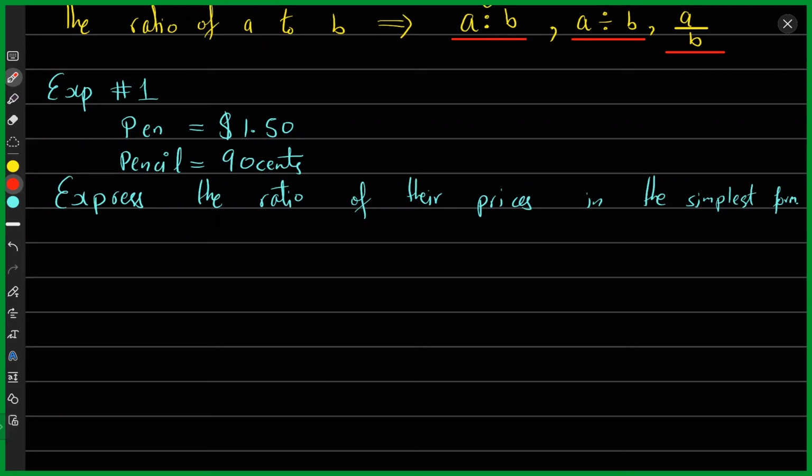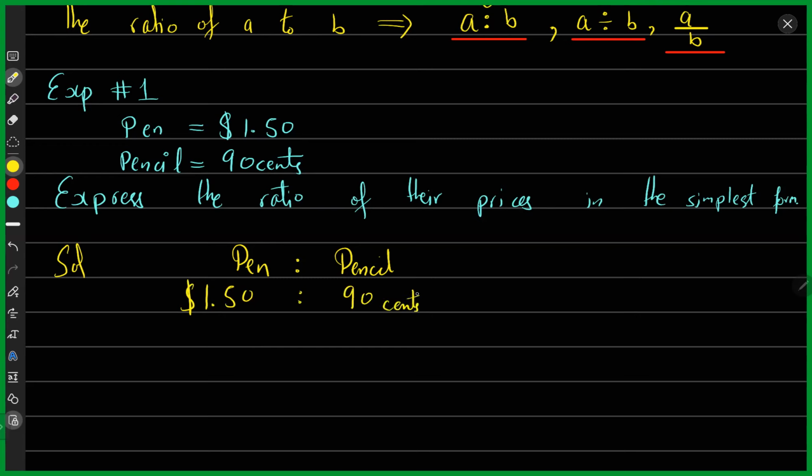That's completely fine. Okay. So let's do it this way. Ratio of their prices. So I'll do it this way. It's pen ratio pencil. The price of pen is $1.50 and the price of pencil is 90 cents.